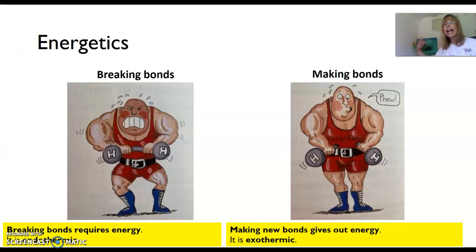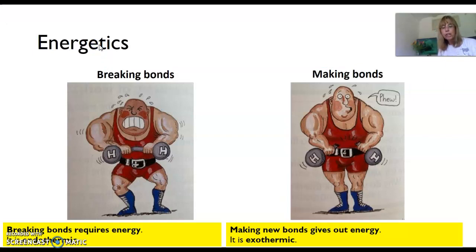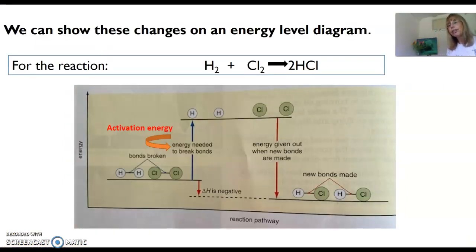Okay, so let's look at an example of this. If I have a look at this reaction, for example, a reaction between hydrogen reacting with chlorine, producing hydrogen chloride.